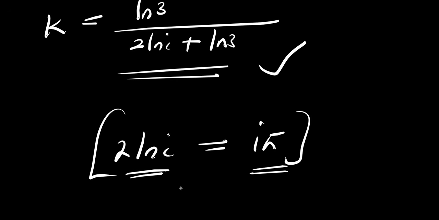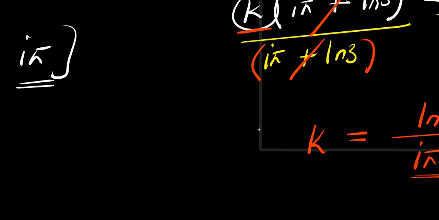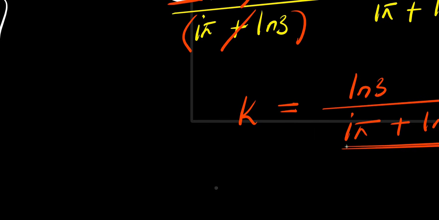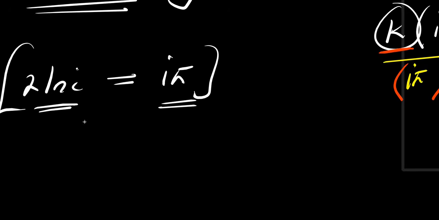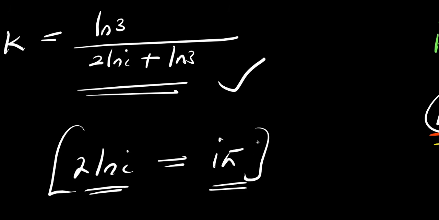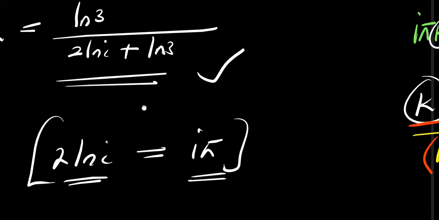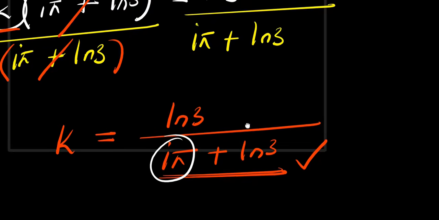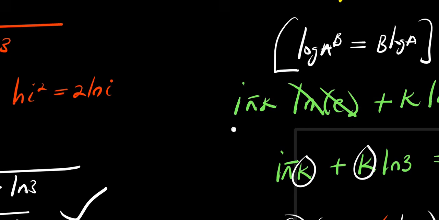So that's why what we have here, i pi, is the same as what we have here, 2 times natural log of i. So that's why these two answers are the same. Natural log of 3 divided by (2 natural log of i plus natural log of 3) is the same as this, depending on the method you want to use.